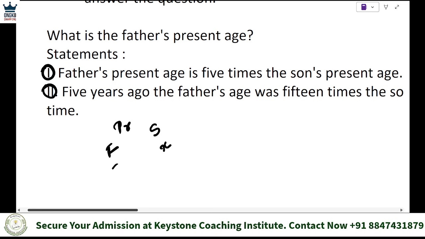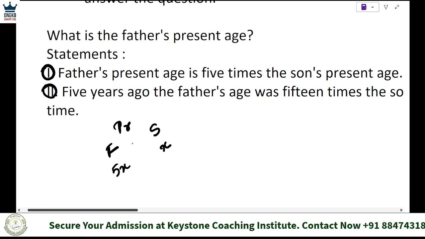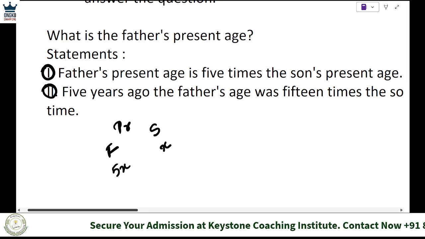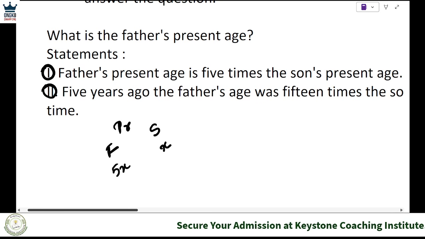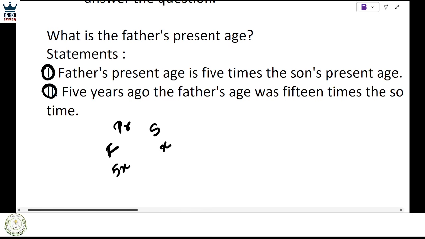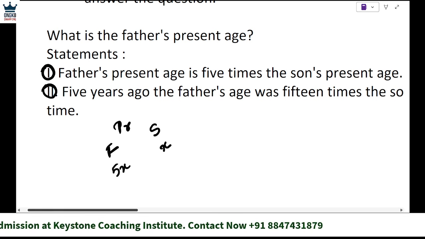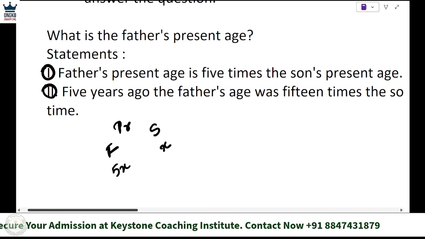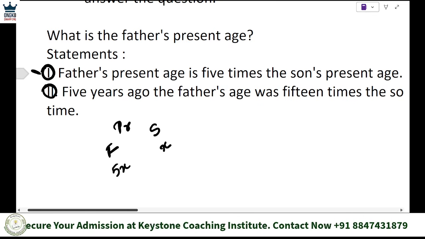Then the father will be 5x, because as per statement 1 it is 5 times. But we can't find the value of the variable x, so I don't think we can find the father's percentage, nor the son's percentage. So statement 1 alone is not sufficient.